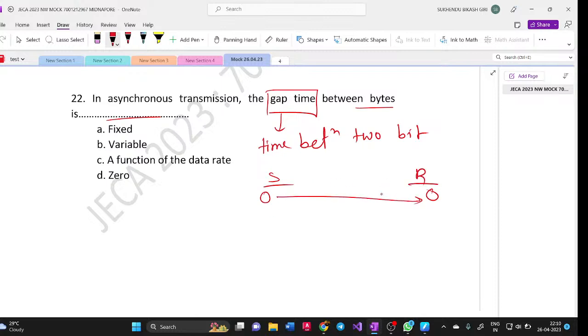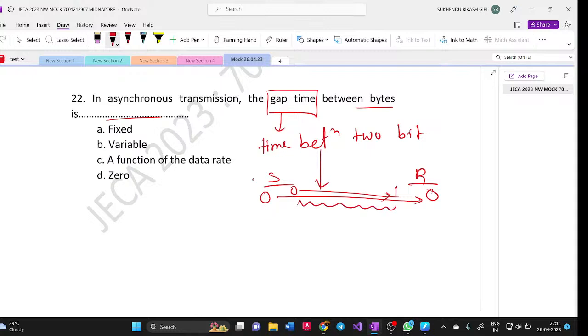If you send one bit and it reaches the receiver, and you then send another bit, the time between sending one bit and waiting to send another bit is the gap time.